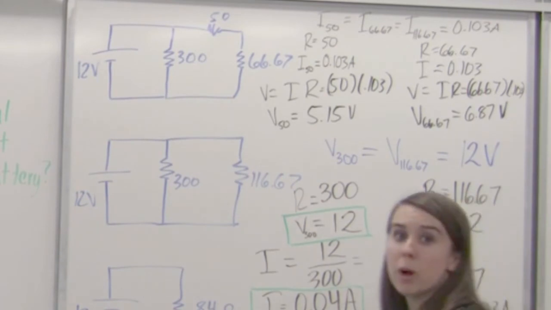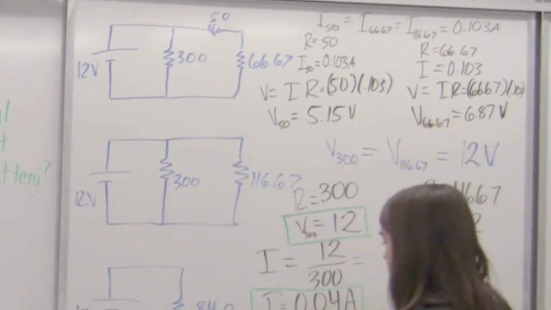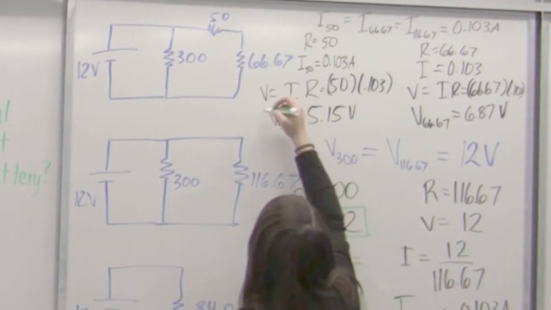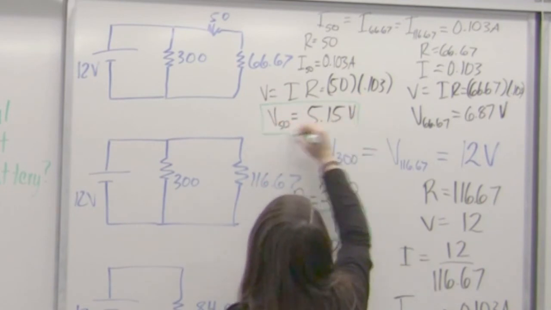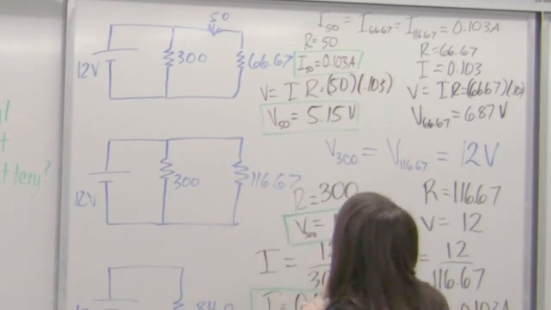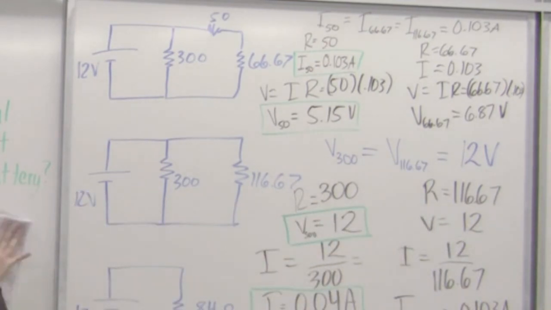With the exception of rounding, these two are going to add up to 12, so that's good. Let's see, which ones did I want? I wanted the ones for the 50, current and voltage.